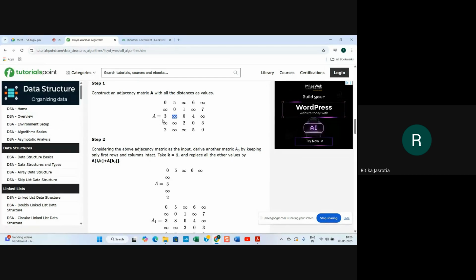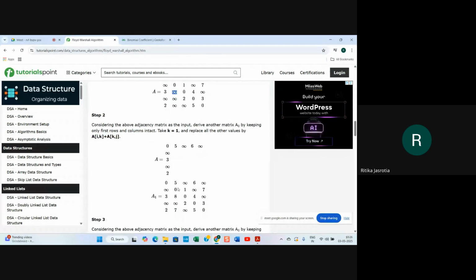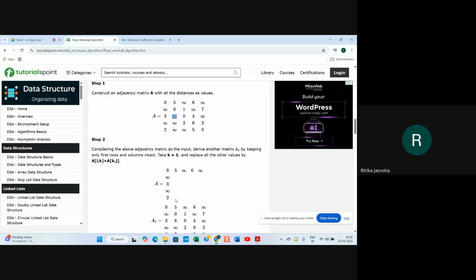What is A21? A21 is infinity here. We are keeping k as 1, I is 2. So A21 is infinity plus A1j, 1, 1, which is 0. How are they getting 8? 2, 1 plus 1, 1.